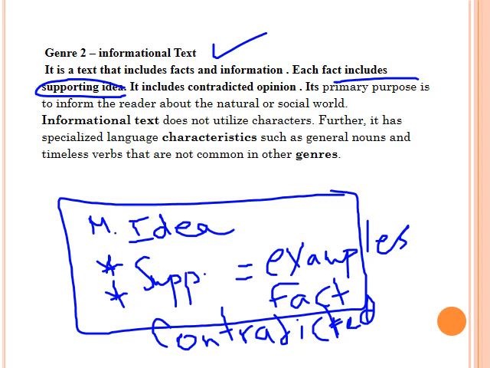So here it's written, does not utilize characters. Most of it is not about a character. It is about a product, about a fact, about something. It could be related to science ideas. Further, it has specialized language characteristics such as general nouns and timeless verbs that are not common in other genres. If you want to get more information, just go back to your reading book and your turn. We did a text about it.